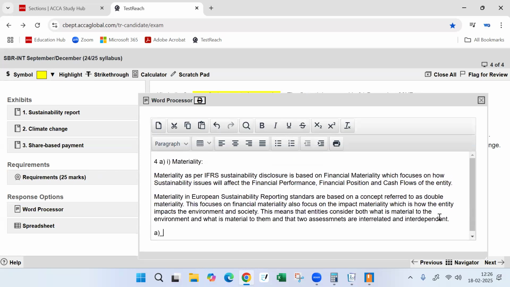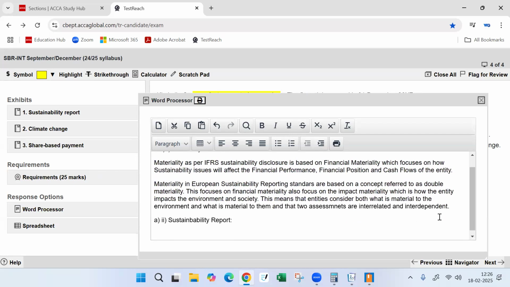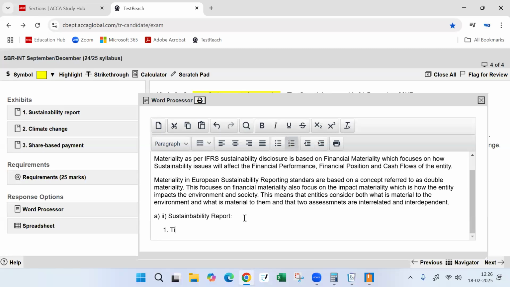So let's try to write this answer, which is the second part. A2. Sustainability report. Okay. Number one, I'm going to write these as pointers so that it's easier for me to identify. Reporting date.